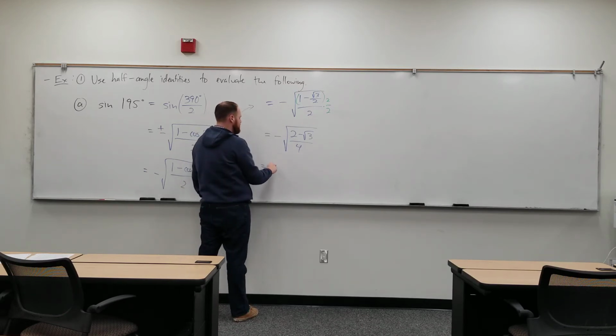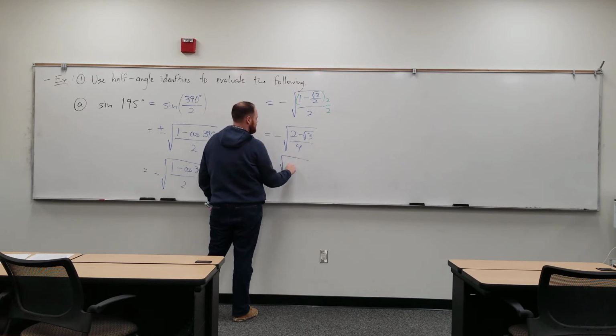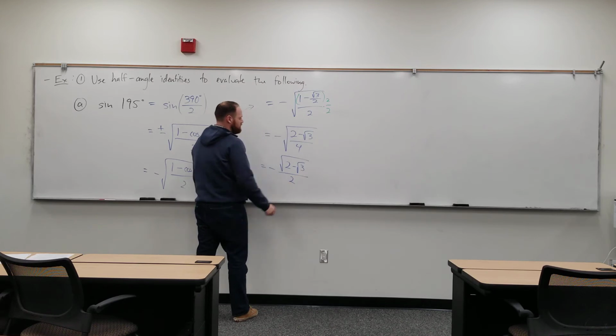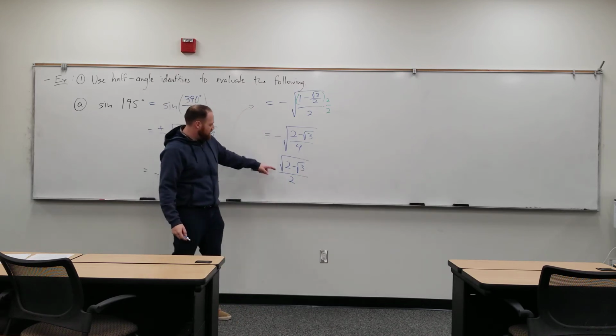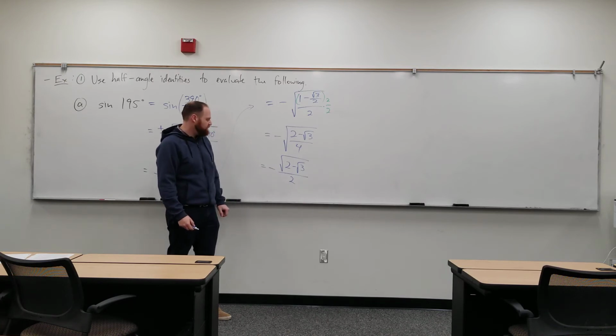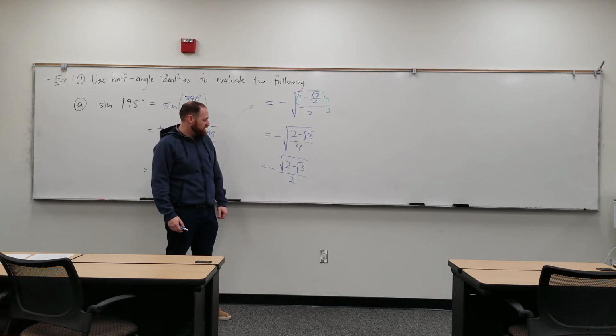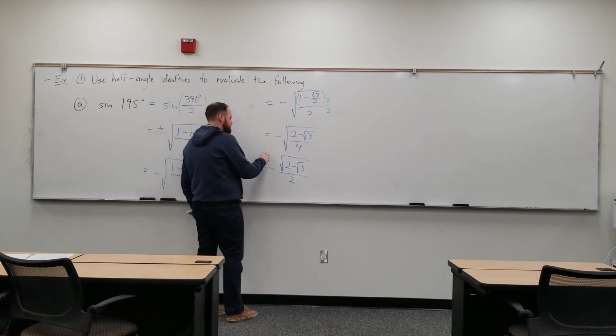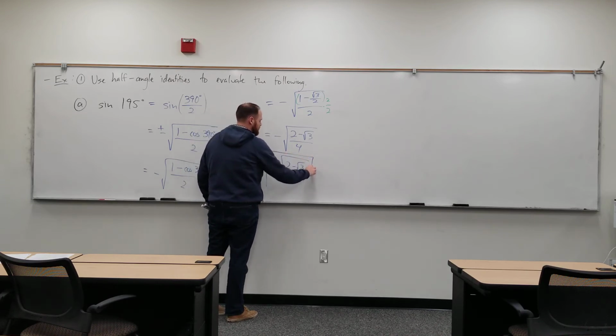So now this is negative square root of 2 minus root 3, over 2. Now the square root is only in the numerator, because we took the square root of the denominator. I think that's about as good as it's going to get, honestly. I think that's my final answer there.